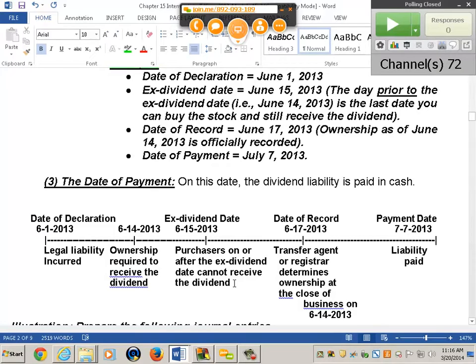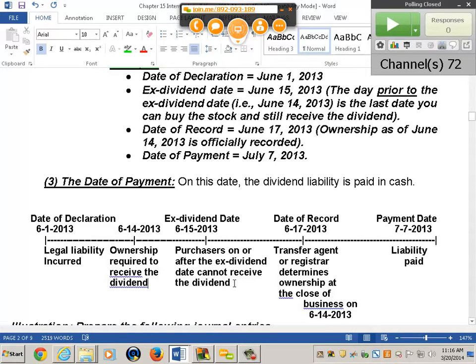The transfer agent or registrar determines the ownership on June 14th. Now, the ex-dividend date is typically 2 days before the date of record. Why? You need time for trades to close. So I just can't say the record date is the 17th, and if you own the stock, I'm not going to know that.